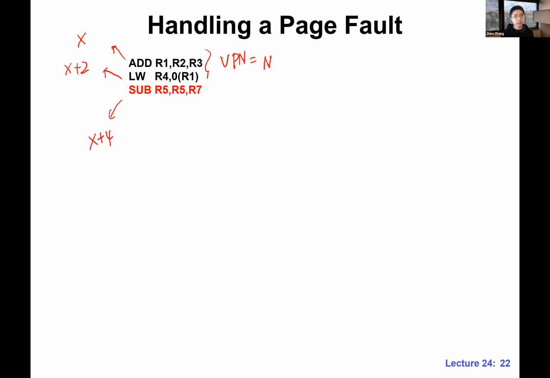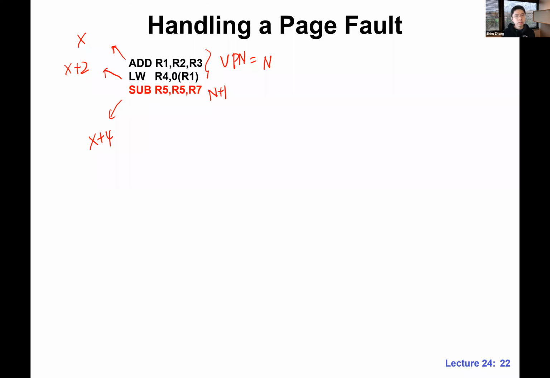Based on the behavior of the pipeline, can you tell me what the VPN of the sub instruction is? Has to be N plus 1. Make sense? Great. This sub instruction has to be on a different virtual page.